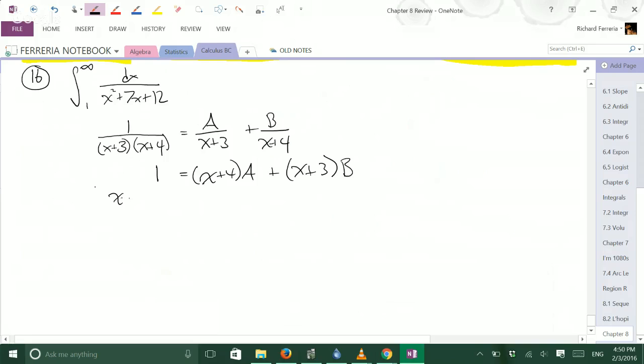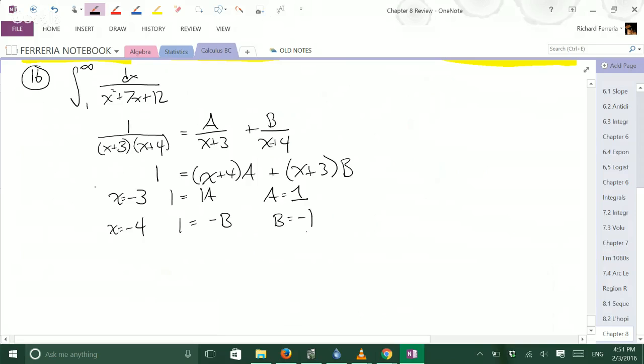Let's say x equals negative 3. That means I get 1 equals 1a. A equals 1, right? Let's say x equals negative 4. We get 1 equals negative b. So b equals negative 1.